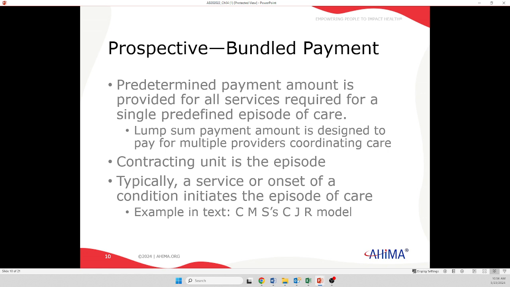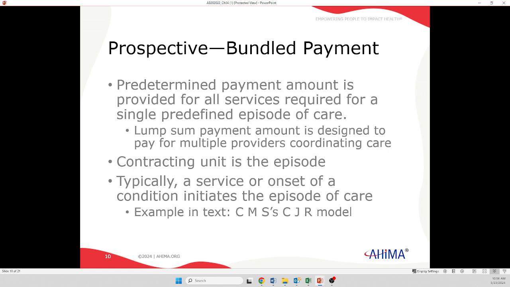One thing that this does look at is CMS's CJR model, which is a joint replacement model. They say that with this, there's a trigger, and that trigger leads to an episode. And so what's paid for is that trigger as well as the episode.